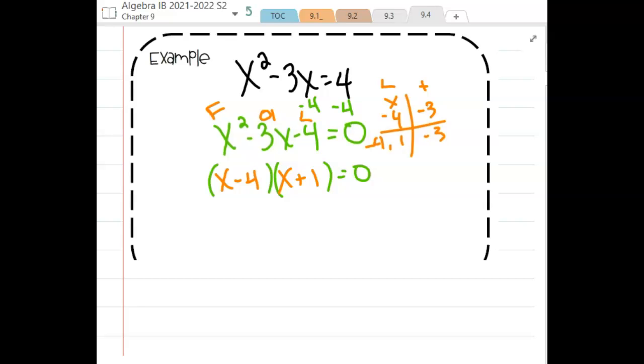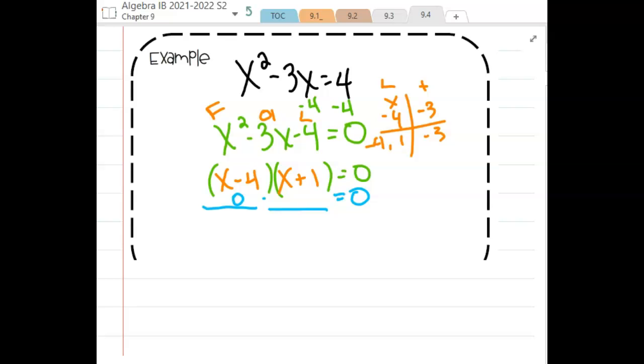Now, what I've done here, I have something times something equals 0. I'm multiplying these two things together, and I get 0. The only way that's possible is if the first thing maybe is 0.